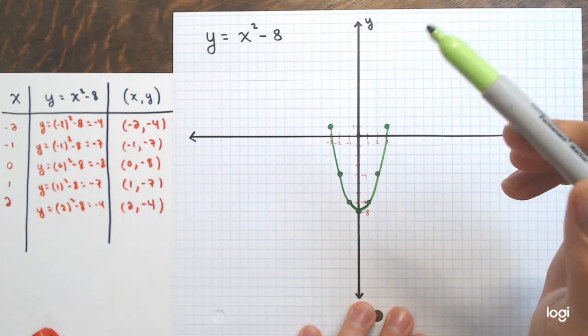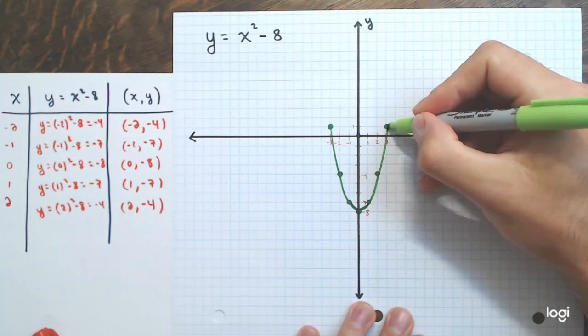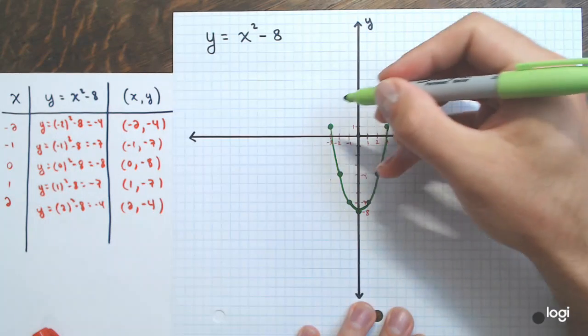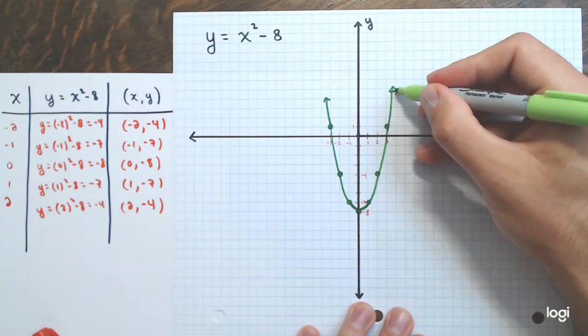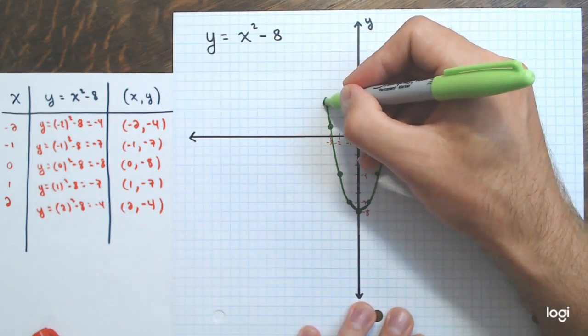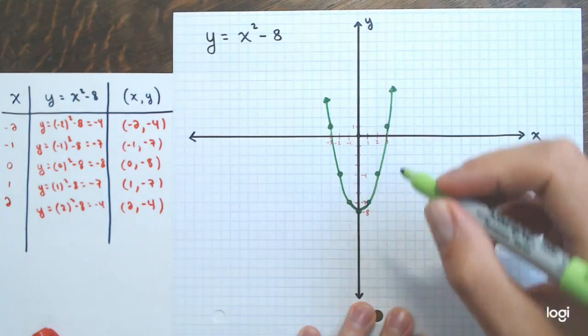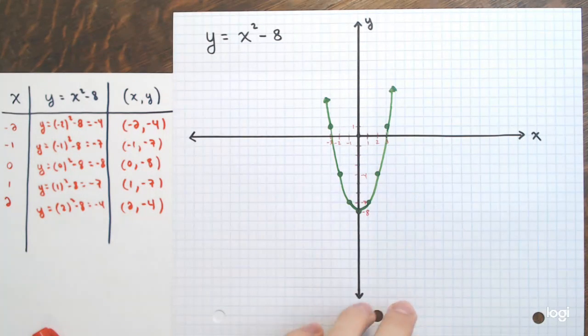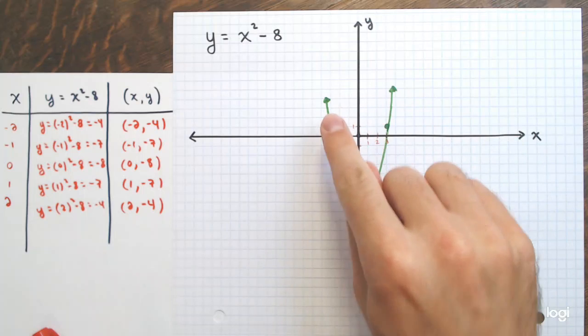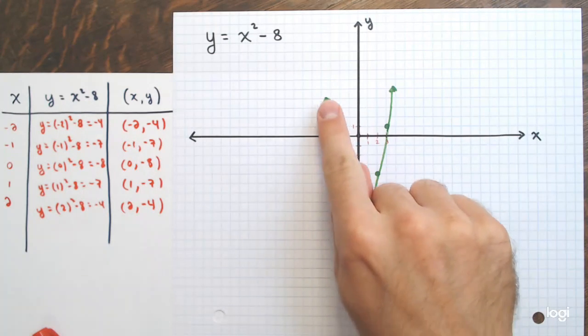And it looks to me, based on just a few other points, that it's going up forever in both directions. You're getting larger and larger y coordinates the further right you go and the further left you go with your x coordinates. So I'll put little arrows up there to indicate going up forever.